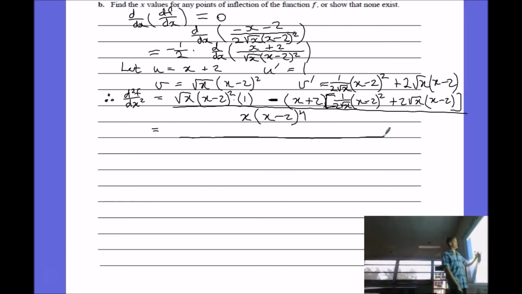Alright, so what's left? I'll have square root of x minus 2. Kill one of them. Okay, and then minus. Now I've got this 1 over 2 root x still there. I'm not going to touch that yet. Then I've got this x plus 2. That's going to multiply one of these x minus 2. So let's put that in.